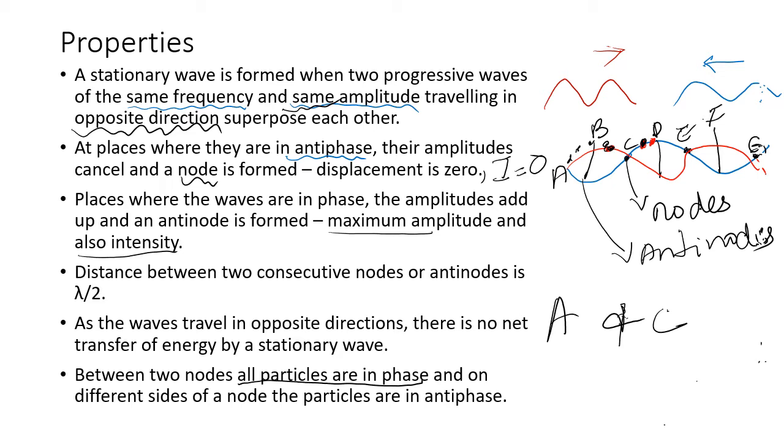Sorry, what did I say? I think I have confused you. Between two nodes, the points will always be in phase. On either side of a node, say this point and this point, they will be in antiphase. Okay, so these are the main properties of a stationary wave.